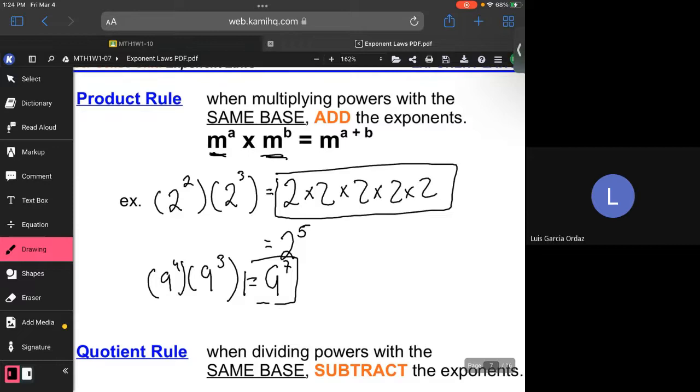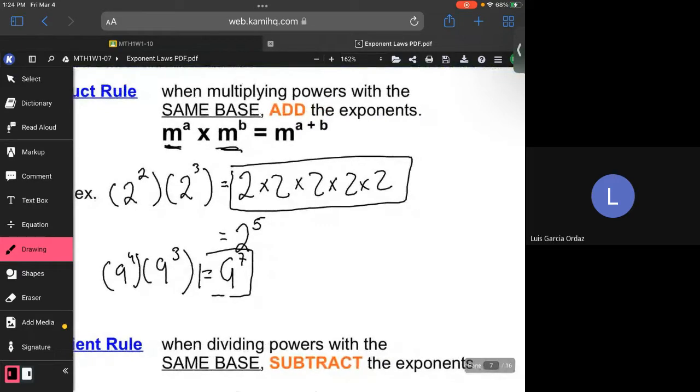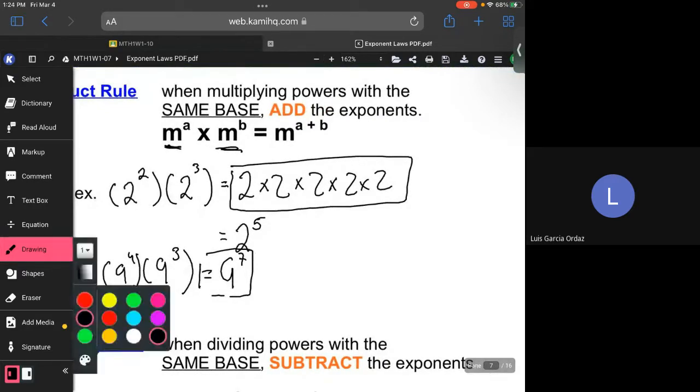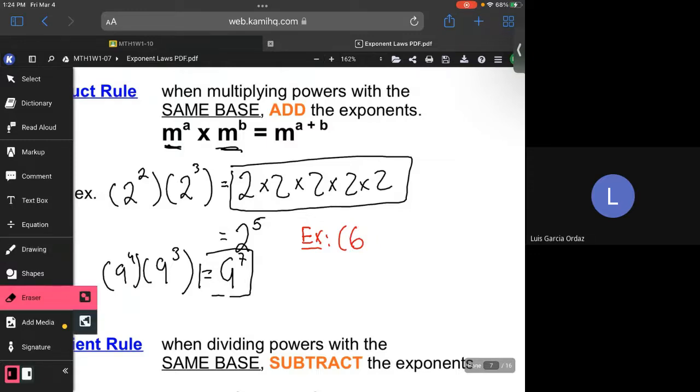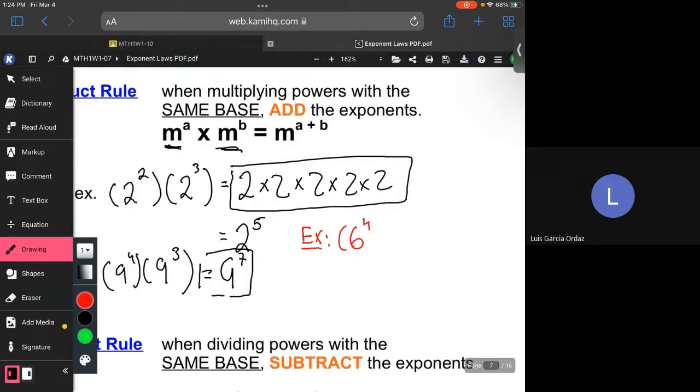However, what if I have this guy over here? An example like this. What can that simplify into?